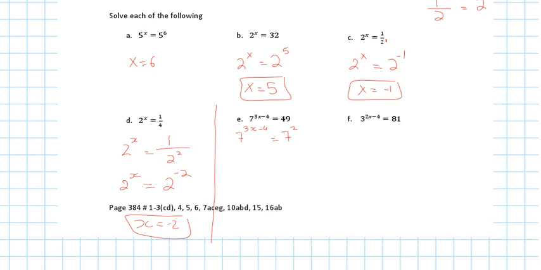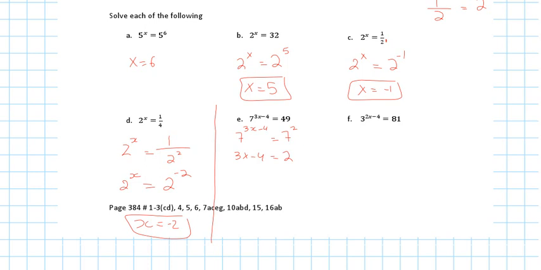All right. Now, because I have the same base, I can drop the base and make my exponents equal to each other. So that means 3x minus 4 is equal to 2. Are we okay with this step? Okay? Drop the base, make the exponents equal to each other. Now, how do you isolate for x? What do you do? Move the 4 to the other side.